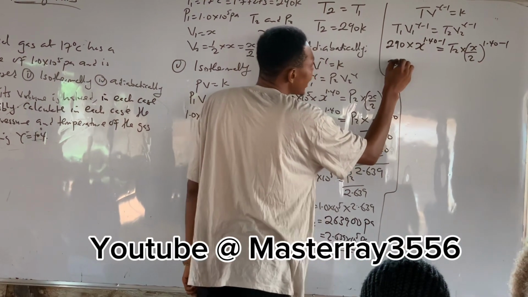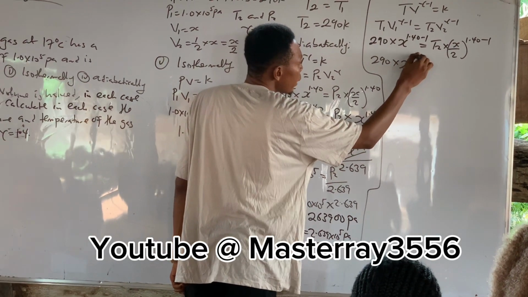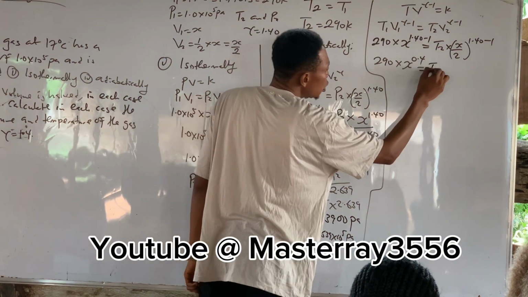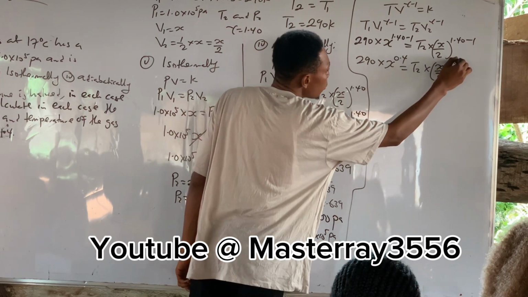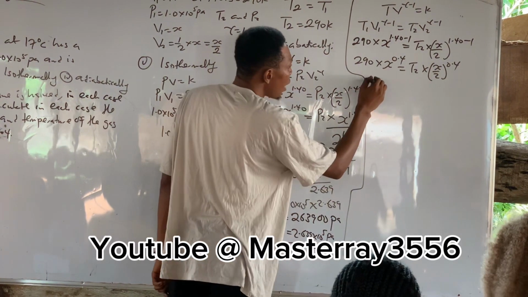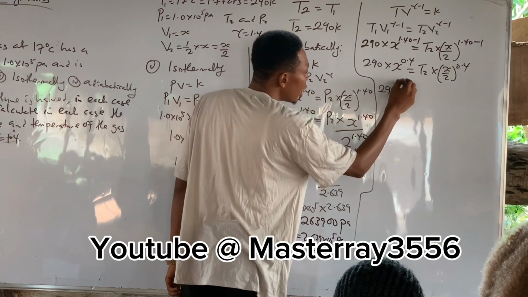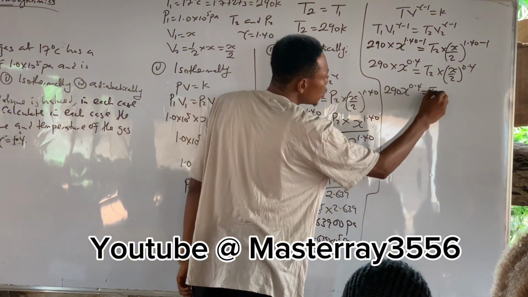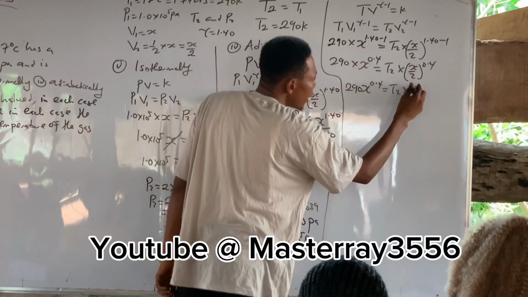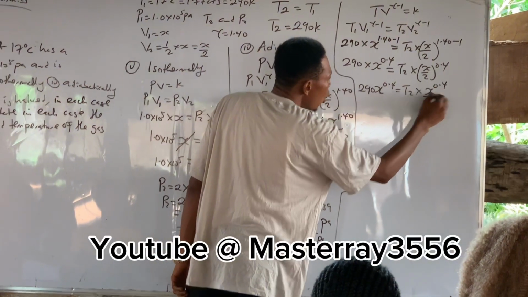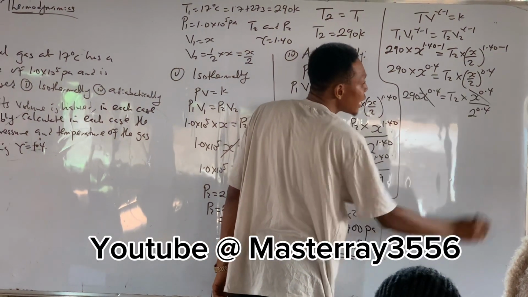So we have 290 times X raised to power 1.40 minus 1, which is 0.4, equals T2 times X over 2 raised to power 0.4. Is it not? So we have 290 times X raised to 0.4 equals T2 times X raised to 0.4 all over 2 raised to power 0.4. This can cancel out this now, right?